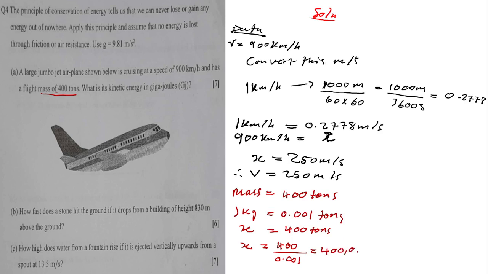So this is the mass which we were given, 400,000 kg. With this information, we have the mass, and we also have the velocity.